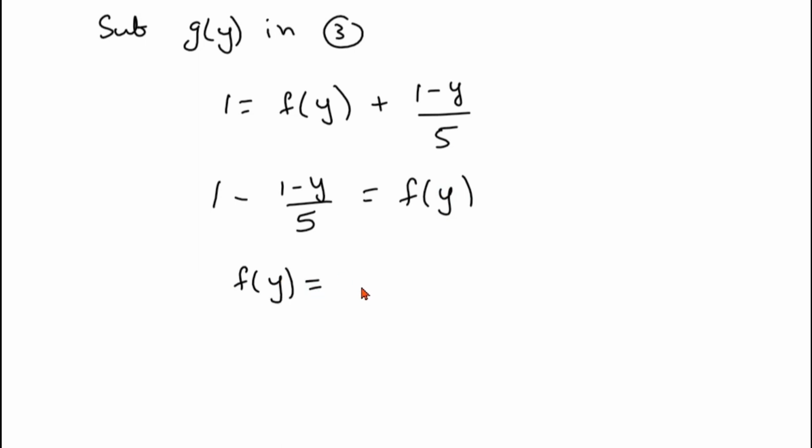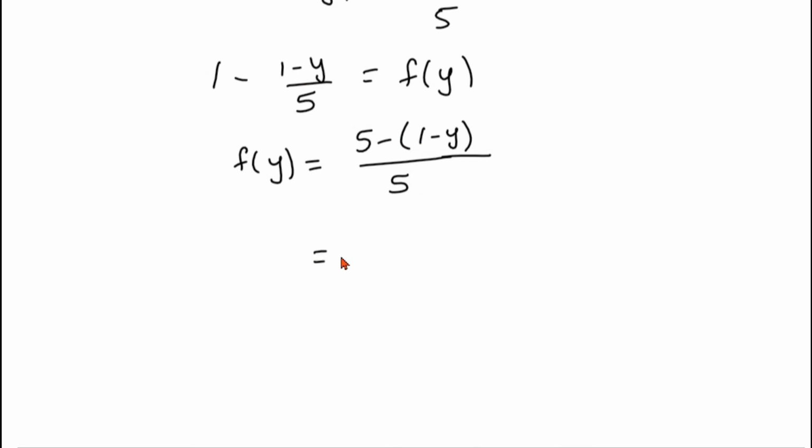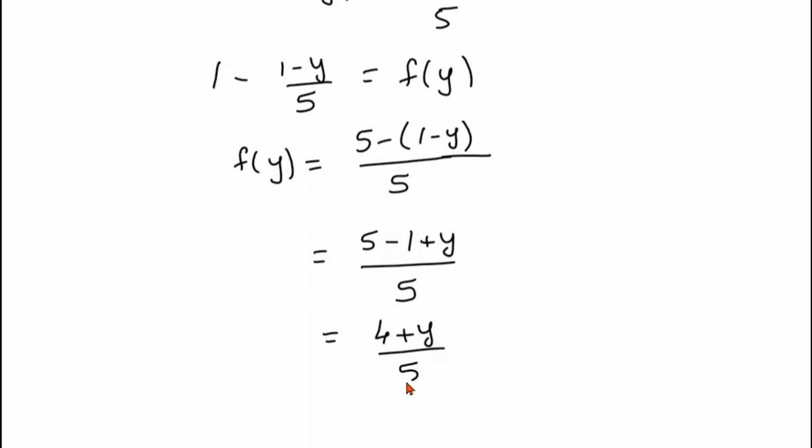So if we take the LCM as 5 over here, it becomes 5 minus (1 minus y) divided by 5, which will be equal to 5, this is minus 1, and minus of minus will become plus y, divided by 5, which will be equal to (5 minus 1) will be 4 plus y, divided by 5. So we have got the value of f(y).